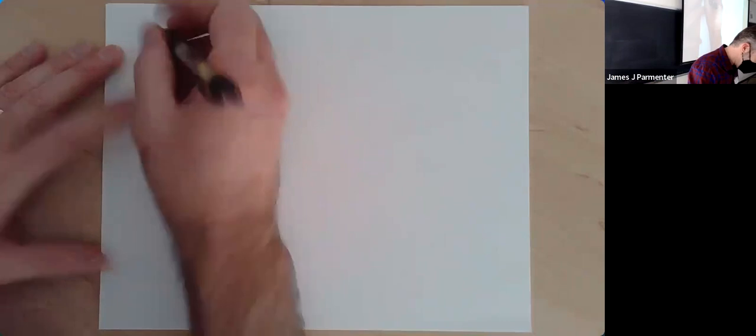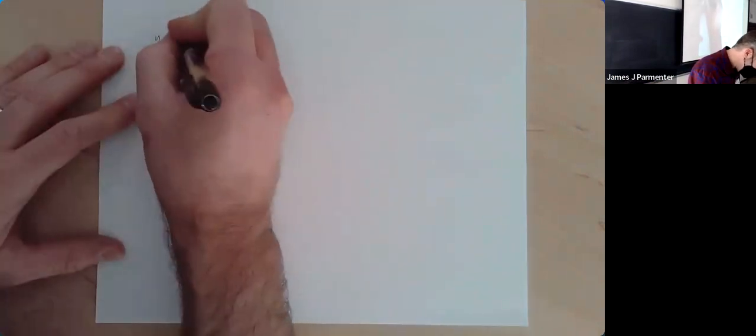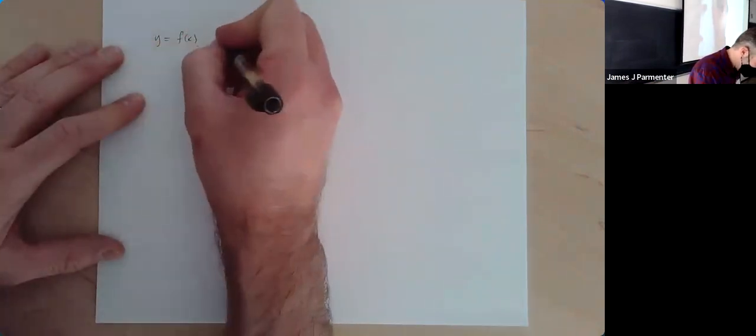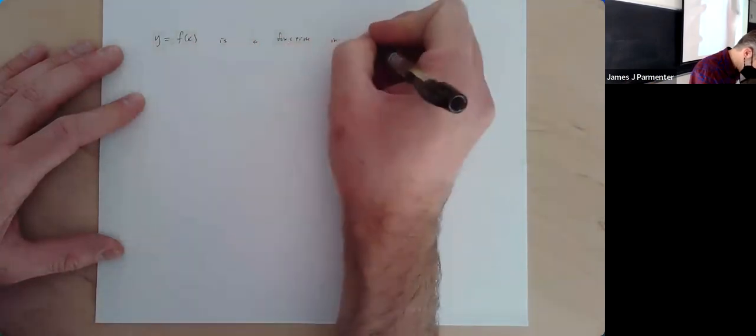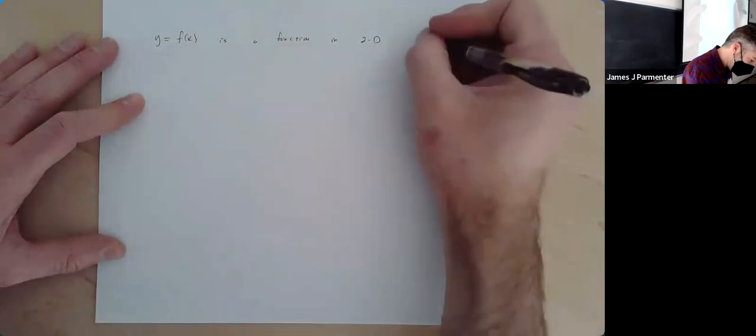So we're going to talk about functions of two variables, which lends to a third dimension, because just like when you talk about functions of one variable, you're in two dimensions, like y equals f of x. y equals f of x is going to be a function in two dimensions, essentially, right? Something like this.